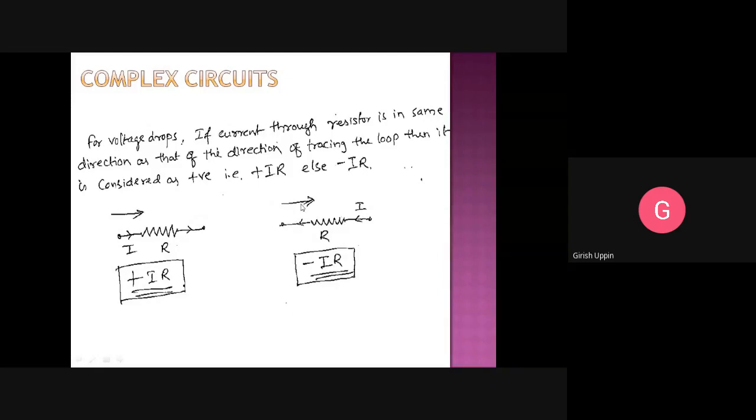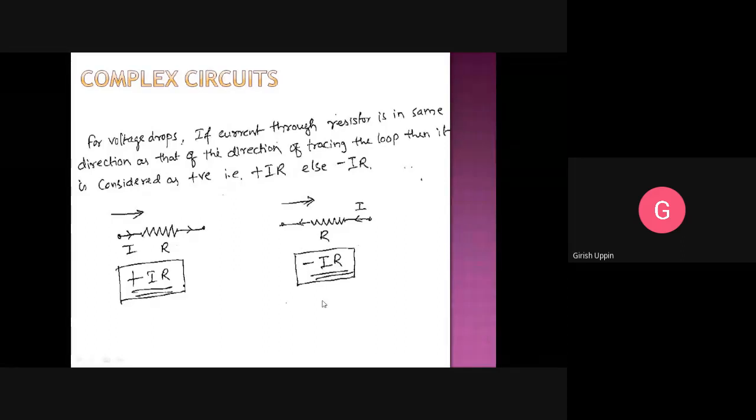The direction of tracing and the direction of the current are opposite. In this particular case, we are going to take that voltage drop as negative, that is minus IR.